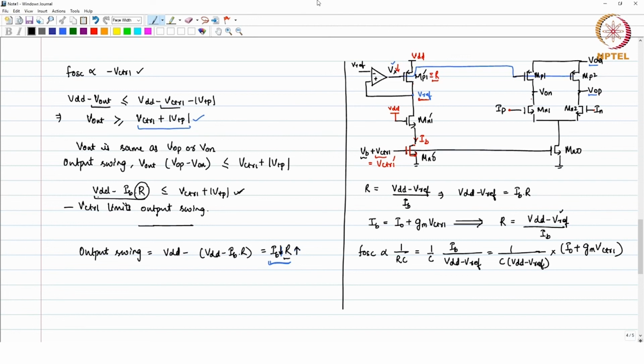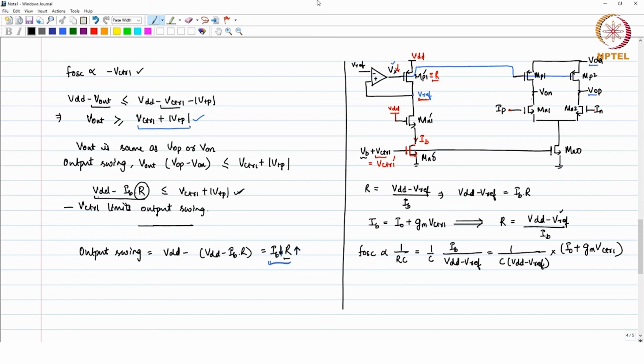So, it is not a problem whether F oscillator is proportional to minus V control or plus V control, that is only going to change the sign. But here the thing is that all these terms which you are seeing here, 1 over C, VDD and Vref, I naught, are constant. There is only one variable term for the frequency.